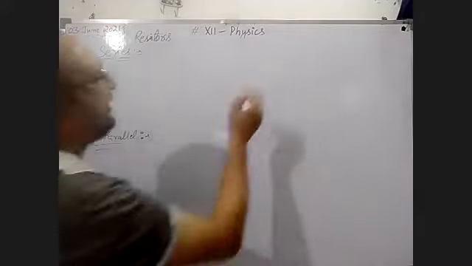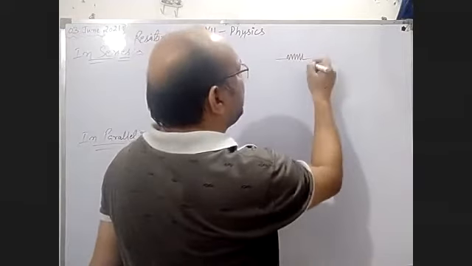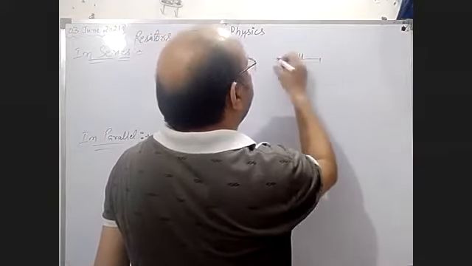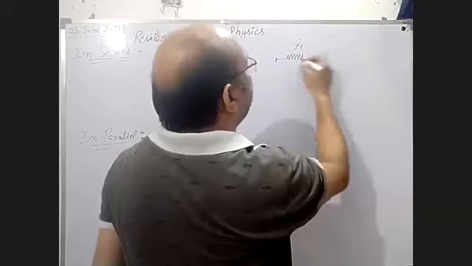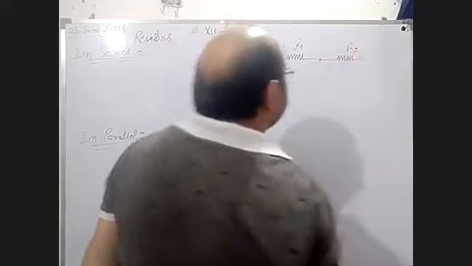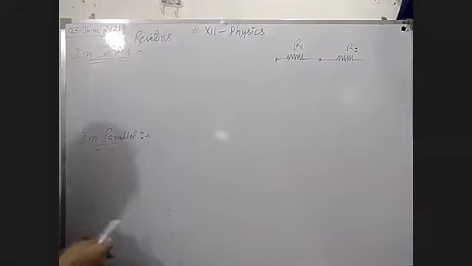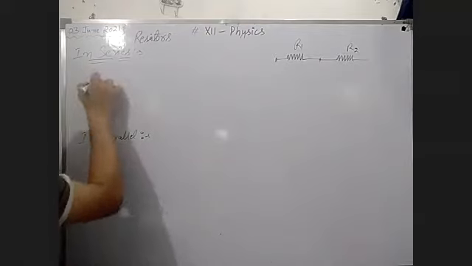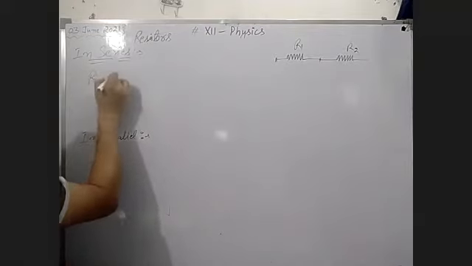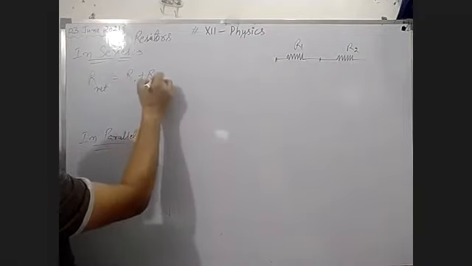In series, you know very well a resistor has a symbol like this zigzag line. If you take resistance R1 and this is R2 connected in series in this arrangement, then the net or equivalent resistance in this case we can take by this.